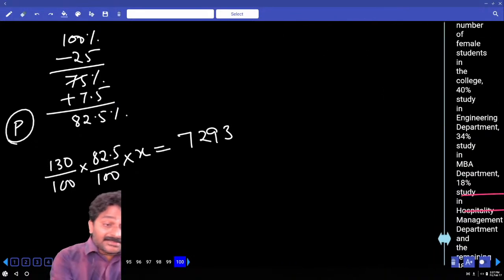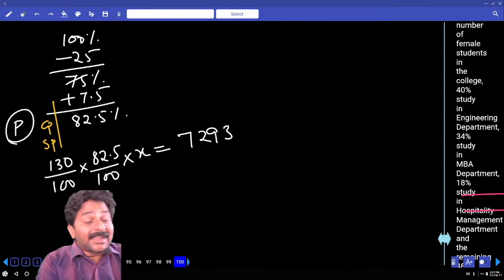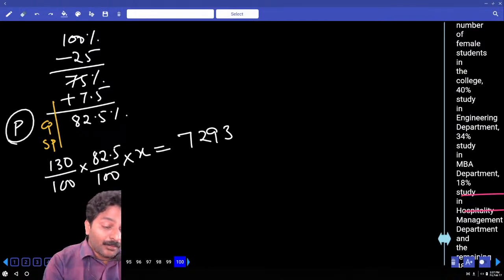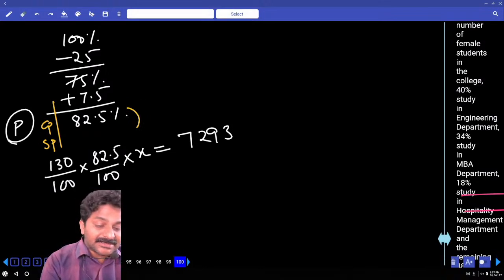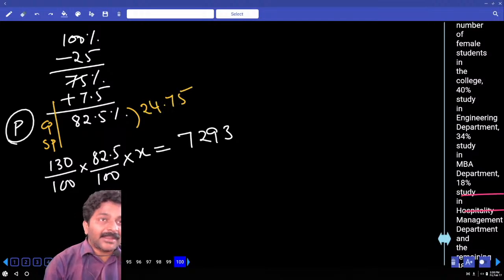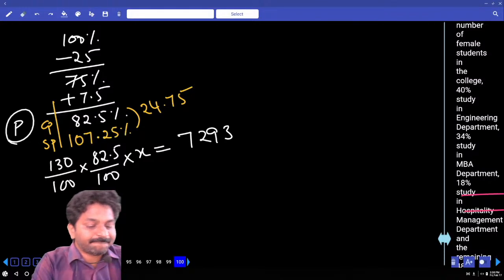The other way is to calculate 30% of this number and calculate his selling price. For Preetham, this is cost price. Now let's calculate selling price. He got 30% profit. What is 10%? 8.25. 30% means 24.75. Correct? Selling price is equal to 107.25%.